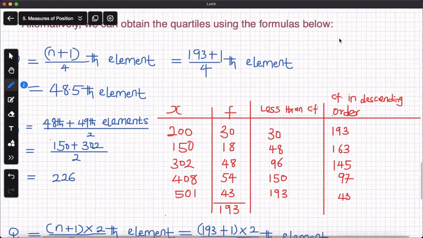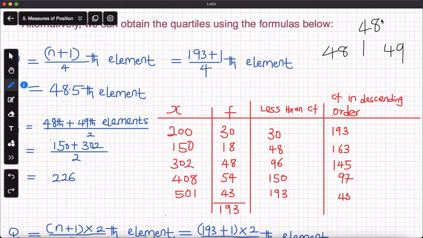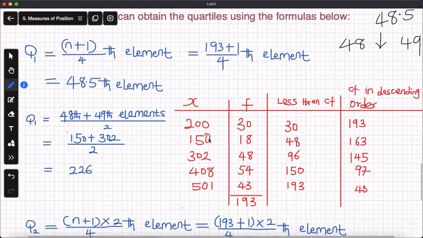But note, 48.5 will lie between two numbers, which will be 48 and 49. Because this is not a whole number, we need to get the 48th element and the 49th element just the way we did before.